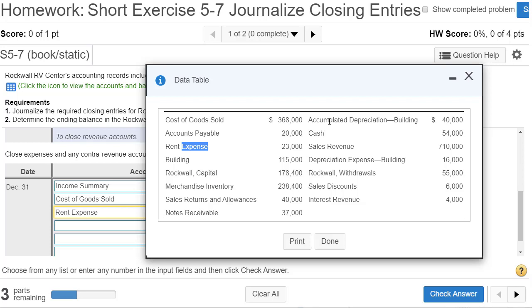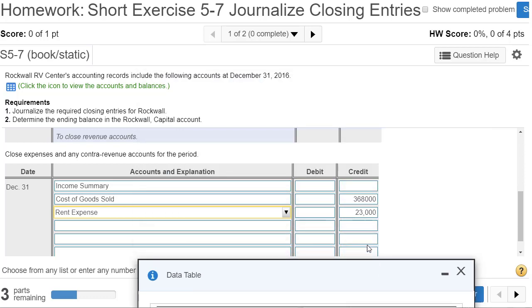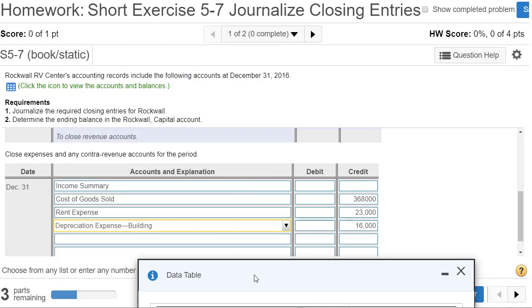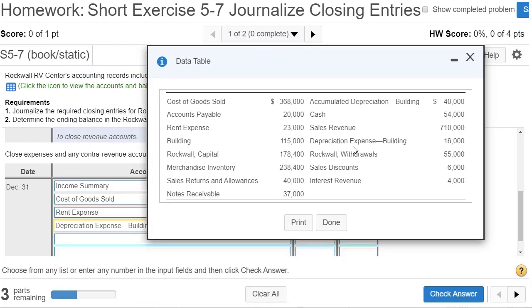I'm just doing expenses for now. We've got depreciation expense of the building for 16 grand. And that looks like it's all of the expenses.